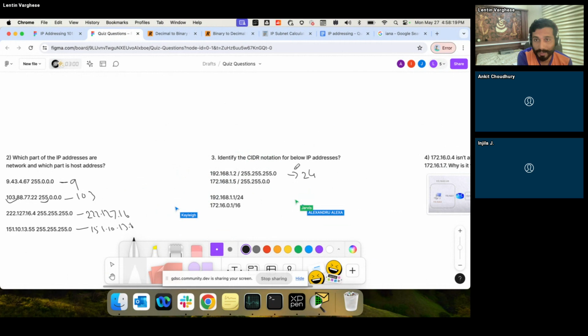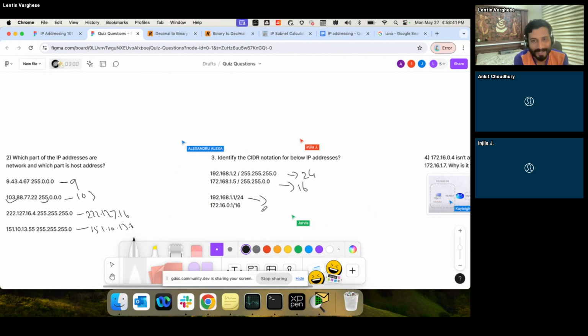24 bits represent the network portion. Yep, got it. 16. 8 plus 8, 16. Yeah, there you go. I like the way you put the proof as well, Jarvis. All right. What if it is the other way?